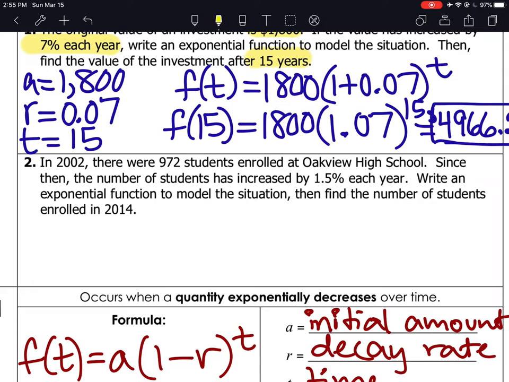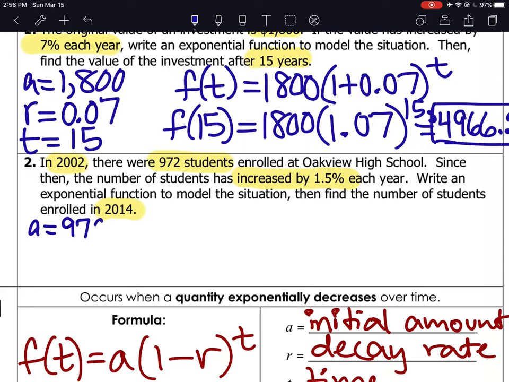All right, so our first given is how many students were originally there? 972. Increased by 1.5% means we're using exponential growth. And we're going to try to find the students in 2014 as compared to 2002.